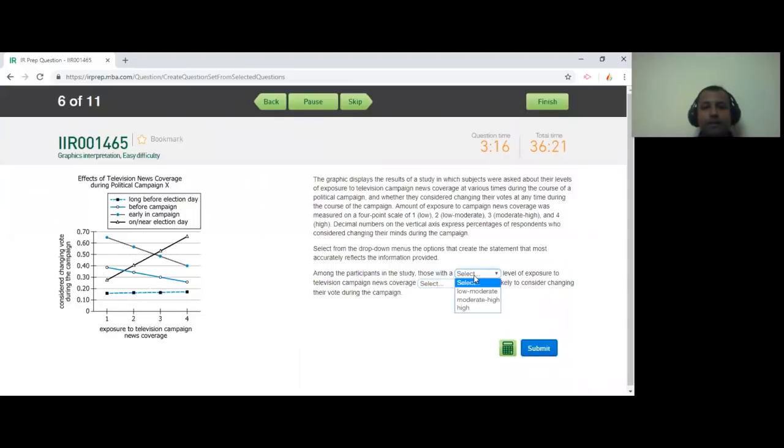But as you rightly said, the first line, which is going downwards with blue dots on it, is highest, but it is highest at an exposure of Low, and low is not here. So we can only match up the black line, which is the high level of exposure, and the black line is on or near election day. Yes, sure.